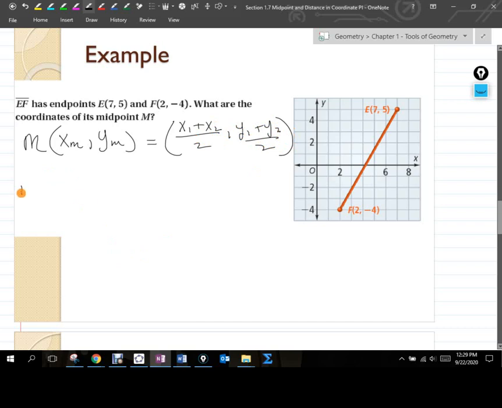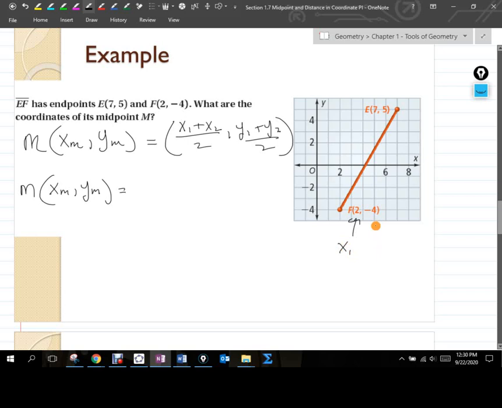I use capital M for midpoint, just to label it. It's the easiest thing to do, I think. Now I'm going to figure out what I want (x1, y1) and (x2, y2) to be. It is the same as slope in that it doesn't matter. I usually go with the first one I see left to right.